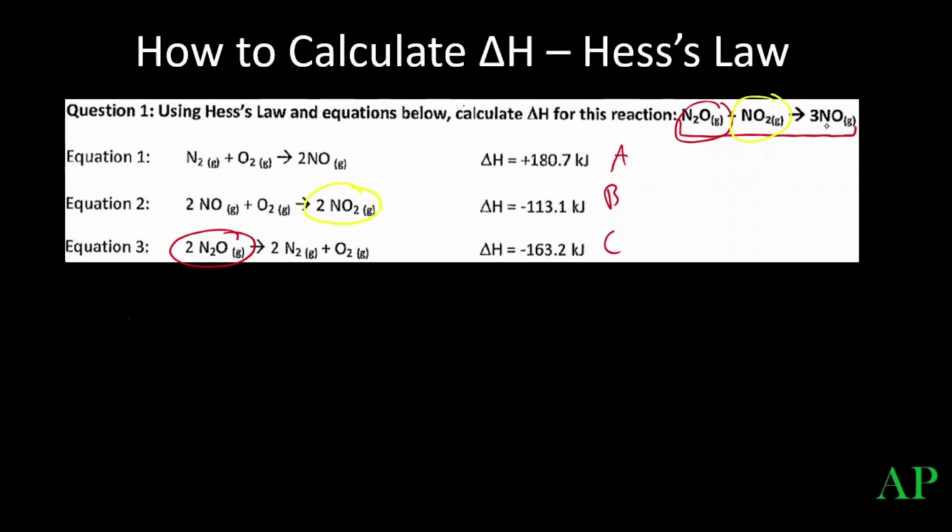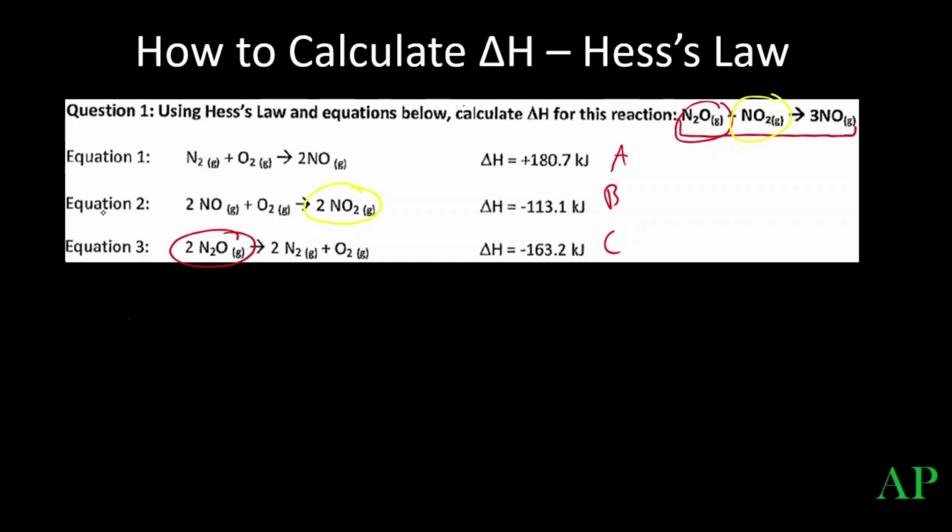Then 3NO, so NO shows up on two separate sides. We know that N2O and NO2 can only come from these two. So we're going to have to use them in a certain way, and then equation 1 has to make up the difference. We need both of them on the reactant side, right?